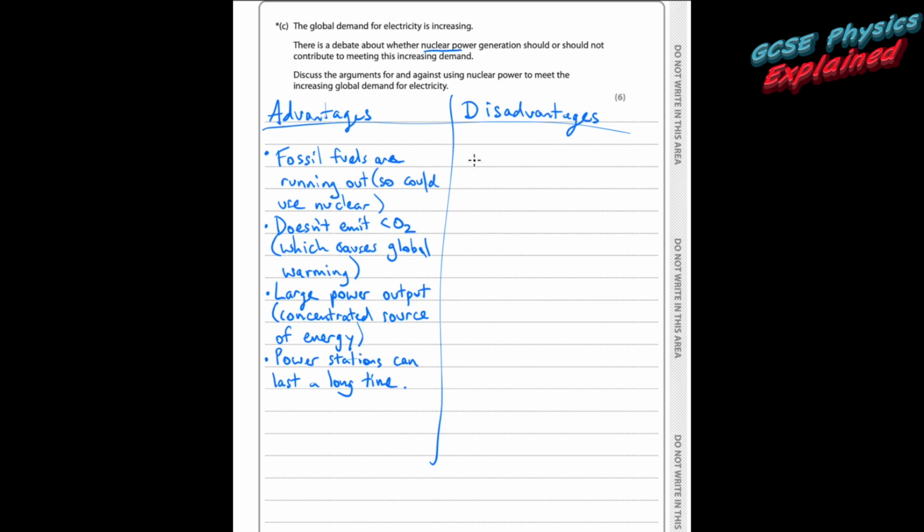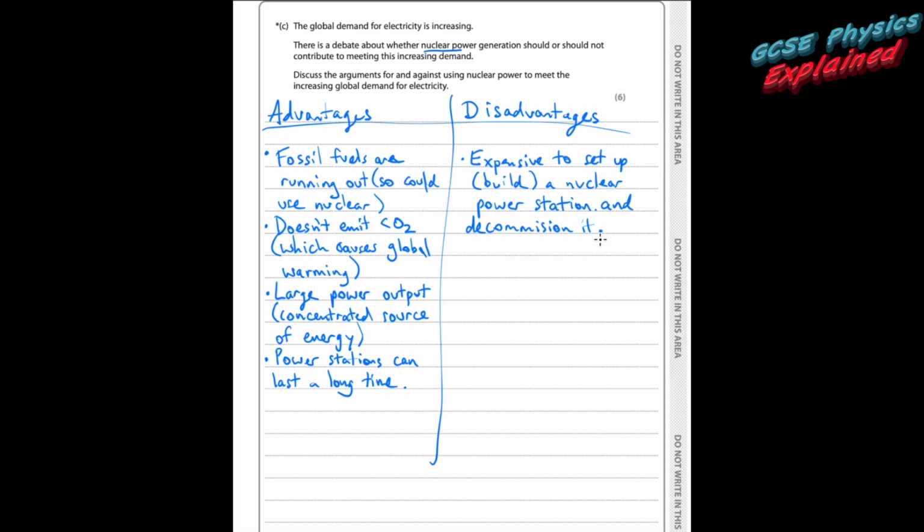Right, disadvantages. It is expensive to set up a nuclear power station, and decommission it, which basically means to rip it down and to make everything safe again.